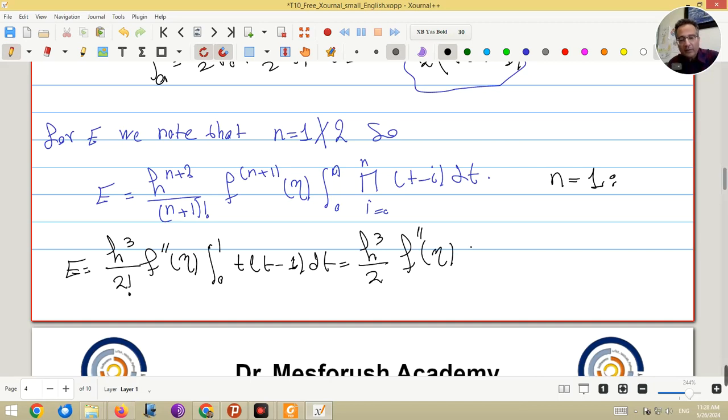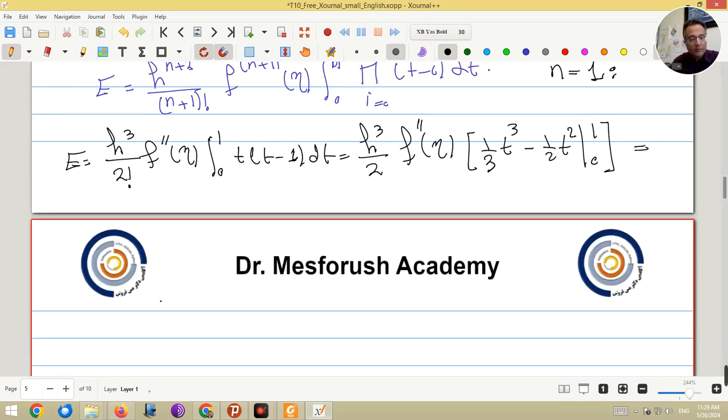Okay, this integral is, if you take the integral of 1 over 3 squared minus 1 over 2 squared. This is cube, in fact, not squared. From 0 to 1, right? And let me do some simplification.